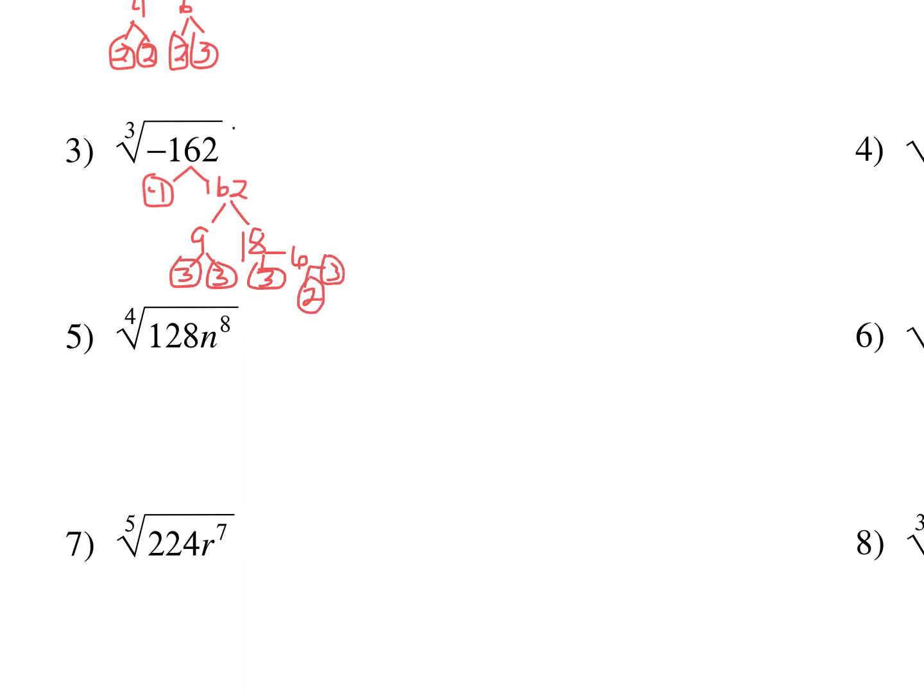So for my cube root, I'm going to put a -1 underneath here. We'll talk about how we deal with that in a minute, times, and then I have one 2, and then I have four 3s.